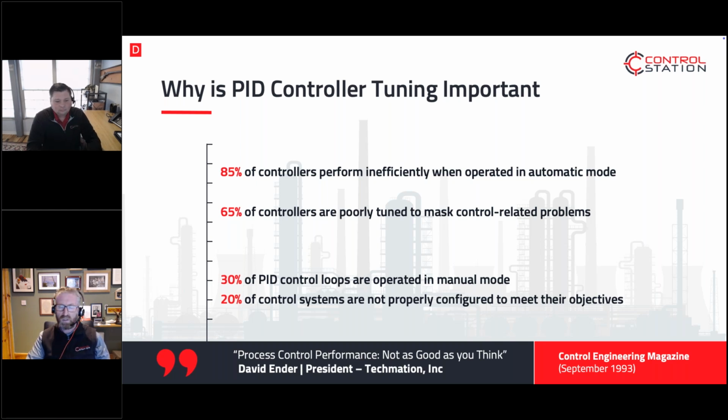That's going to happen. Something was missed in design, it got into construction and it was built and there's a miss on it. 30% of loops operating in manual mode, that's across the board. We're still seeing those kinds of numbers, poorly tuned, and then 85% is going to feed into that.